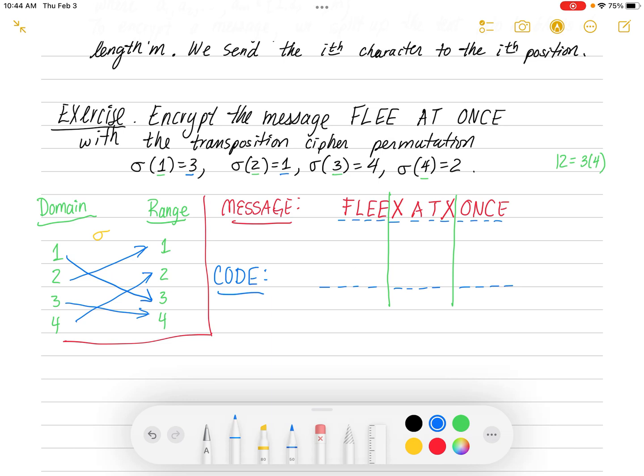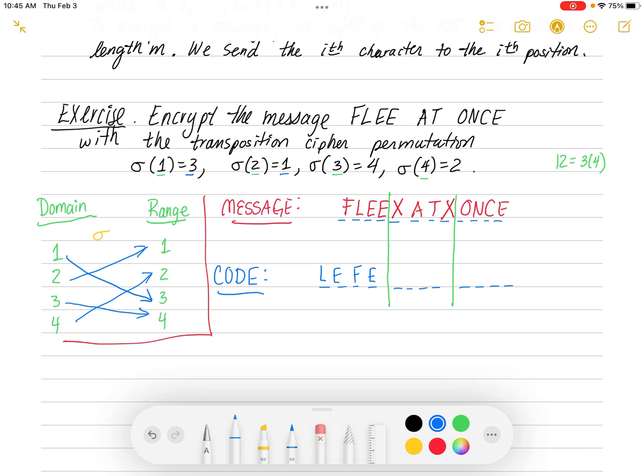So 1 goes to the third space. So the F is going to go to the third space. And sigma of 2 is 1. So that means the second letter, L, goes to the first space. And then the third letter goes to the fourth space. So E goes to the fourth space. And the fourth letter, sigma of 4, equals 2. So the fourth letter goes to the second space. So E goes to the second space.